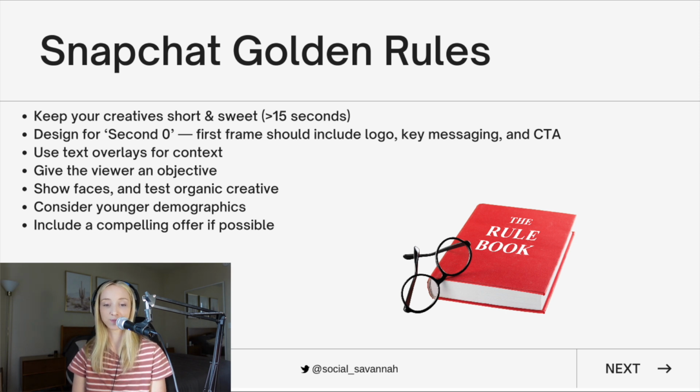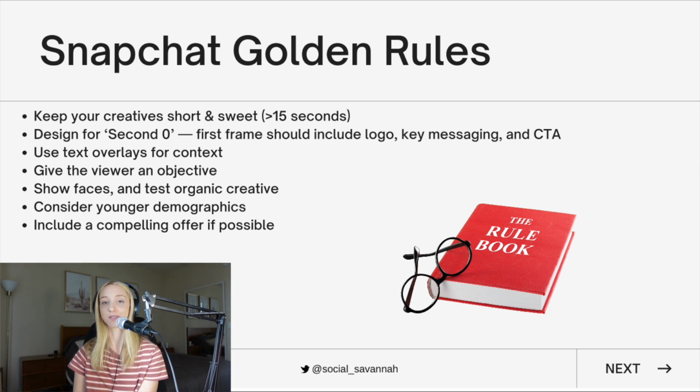Another thing is to consider the demographic. A lot of Snapchatters are between the ages of 13 and 24. That's over 75% of Snapchatters. So really try to understand what that audience cares about. What a 13 to 18-year-old thinks about your product might be different than what your core consumer on Facebook, who maybe is 25 to 34, thinks is most important.